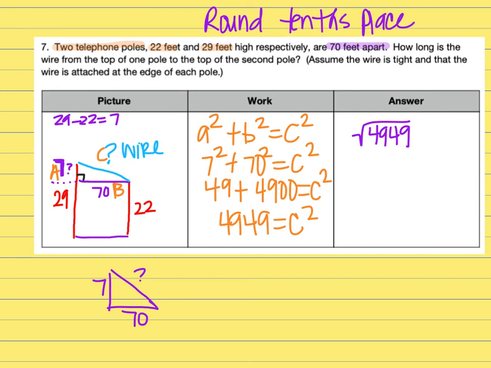When you type that in your calculator, it's going to show up as 70.34. Then it keeps going, but because we're going to the tenths place, I only need to look at the second digit that's behind. 4 is not big enough to round up. So my final answer is going to be that the wire is approximately 70.3 feet in length.